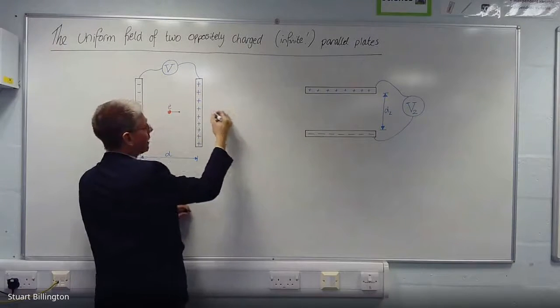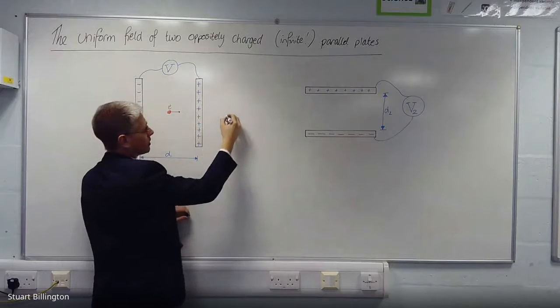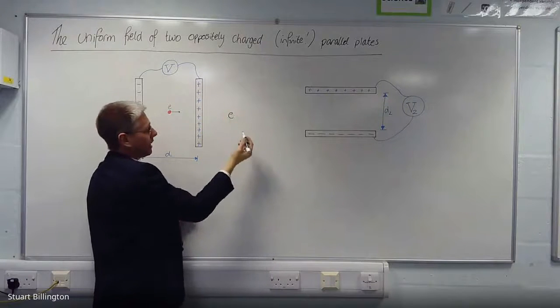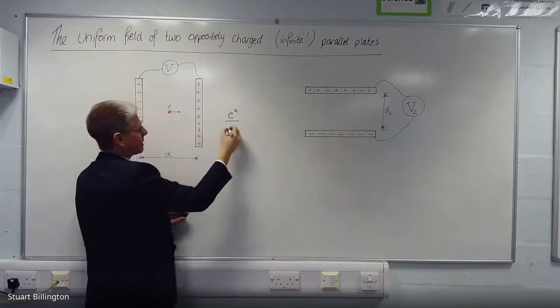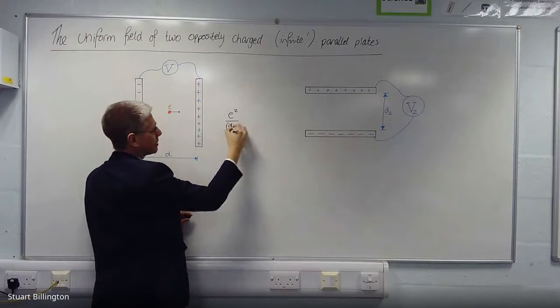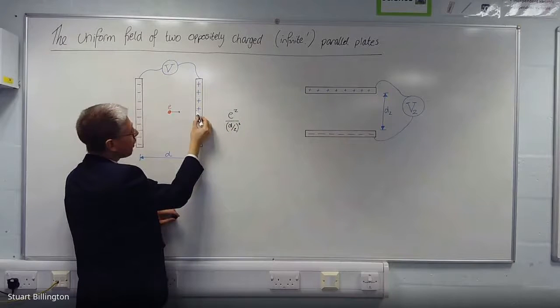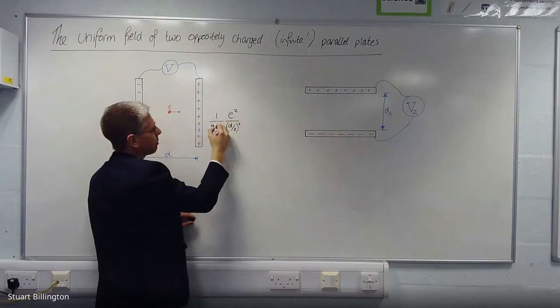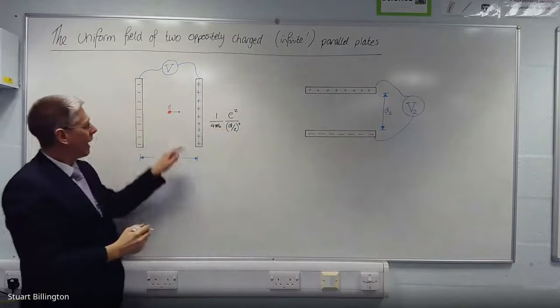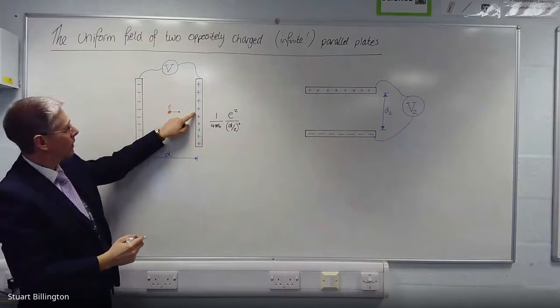There will be, for every single positive charge on this plate, e from there, divided by the distance between them, which is (d/2) squared for one that's immediately there, multiplied by 1 over 4 pi epsilon naught. And that's just for a single proton there.